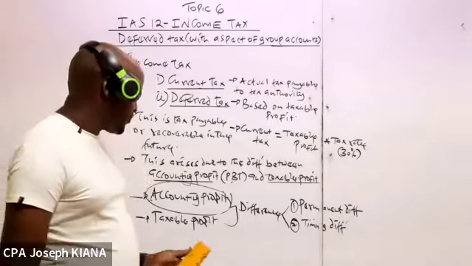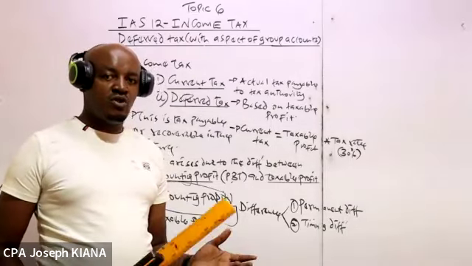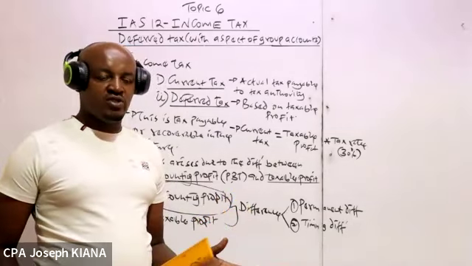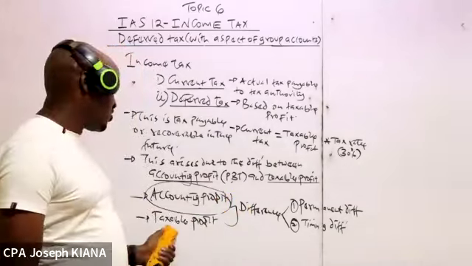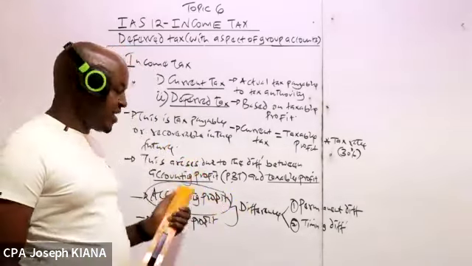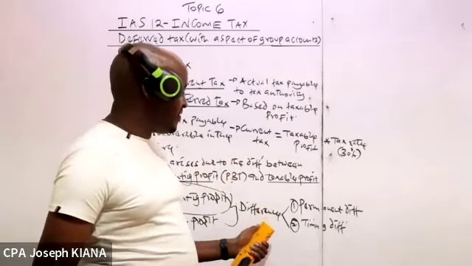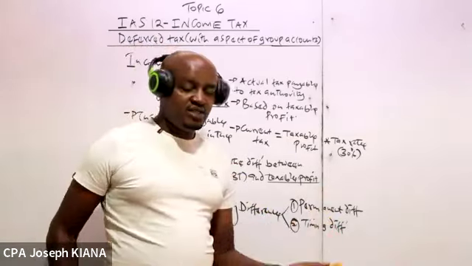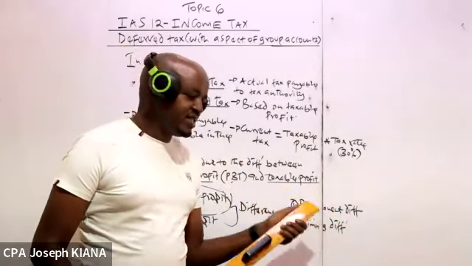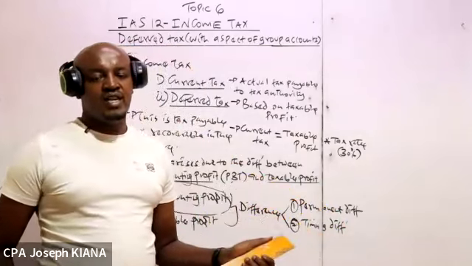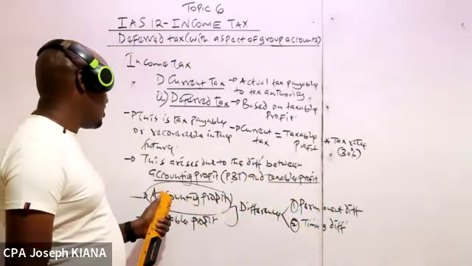But we know when computing the taxable profit, are those expenses deductible or allowable? No, they are not. So those expenses are not taken into account in the computation of a taxable profit. So that automatically will make the two profits to be different. And actually, we are saying that difference is known as what? The permanent difference. Now, on the other hand, we have timing difference. What is timing difference? Timing difference also is the difference between these two profits.